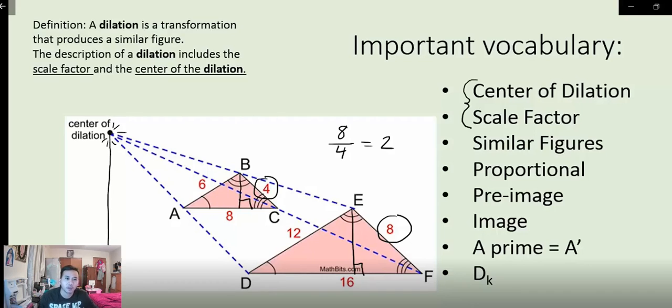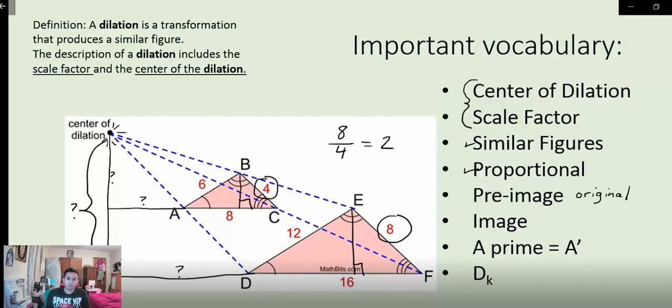Also, if you are going to draw a linear measure, like if you draw a right triangle, make sure that their measurements, the pre-image and the dilated image, are proportional, just like what I did on the image that we have there. Next, we have to make sure that these are similar figures and that the measurements are proportional.